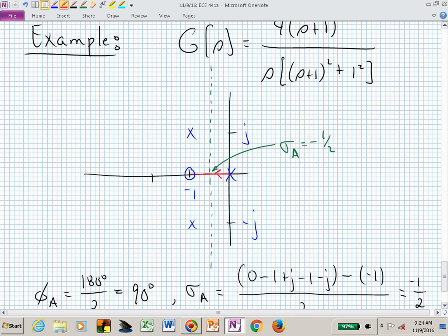What's the root locus look like? Have we finished? Are we done with the root locus? How many branches of the root locus do we have? 3. We have 3 poles, don't we? We have 3 closed loop poles, and we've really only accounted for one of those branches. And it's between the origin and -1.